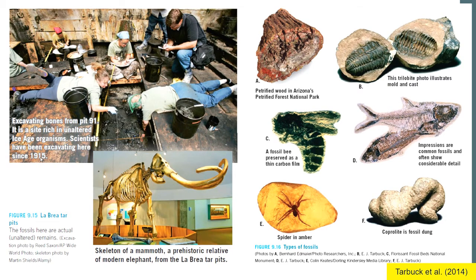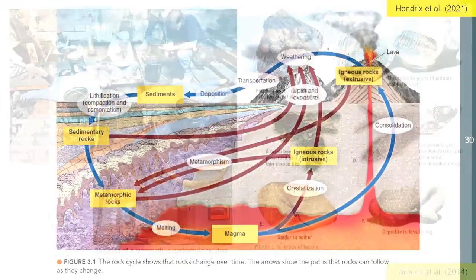They say that the La Brea tar pit is a rich site of unaltered ice age organisms, and because of the tar here, they were able to be preserved perfectly, and we were able to excavate a lot from the tar pits.